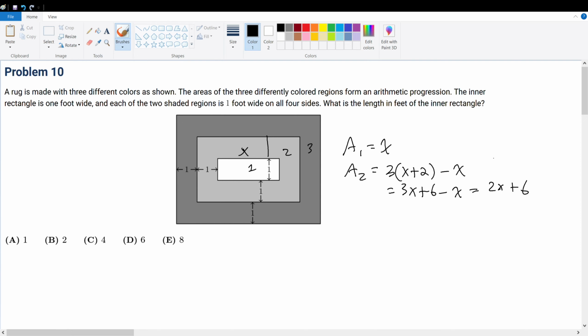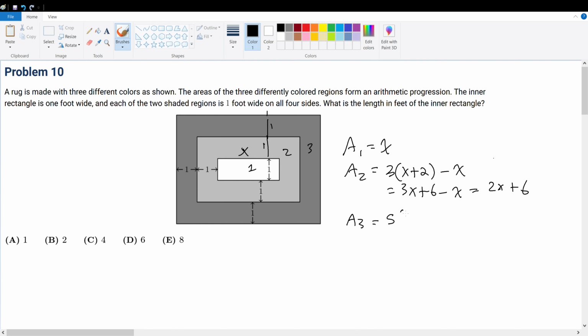Now let's consider the area of region 3. The area of region 3 is going to be the area of this entire rectangle subtracted by the interior rectangle, not area 2. Let's find the outer rectangle first. The height of this is 1, and the height of this is also 1, and so the entire height would be 5 ones summed together, which is 5.